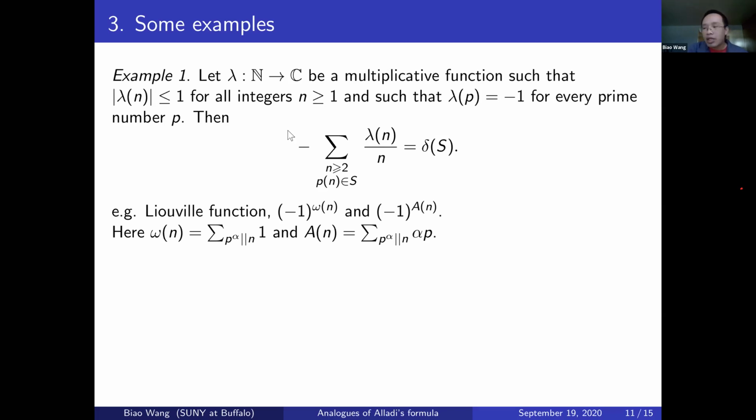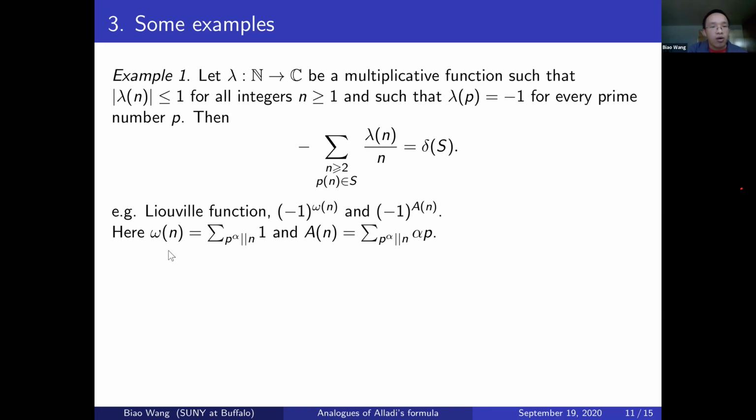So here are some examples for lambda. For example, we can take lambda as the Liouville function, -1 to the omega of n, and then -1 to the a of n.